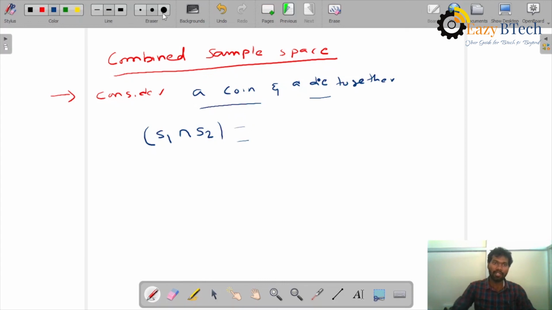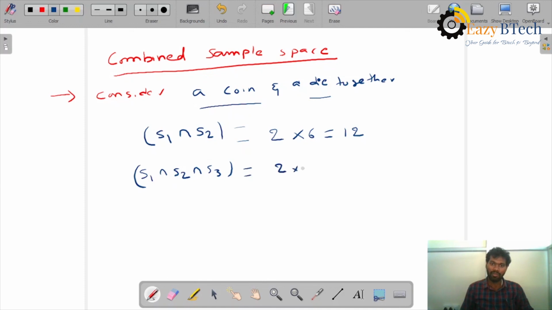The coin has two outcomes, and the die has six outcomes, and together we get 12 outcomes. This is called the combined sample space. Suppose you have two coins and a die, S1 intersection S2 intersection S3. The total number of outcomes is 2 into 2 into 6, that is 24 outcomes.